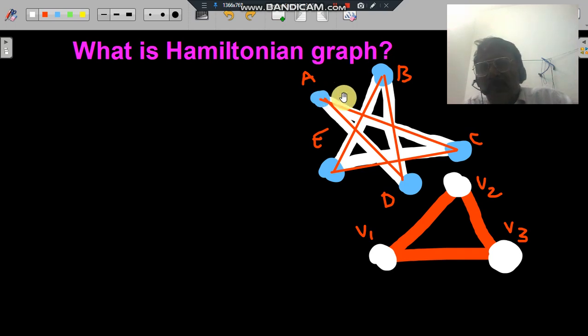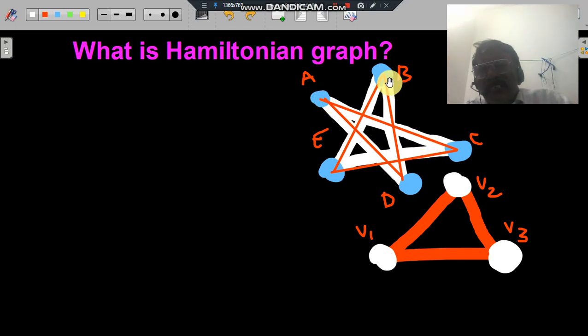This vertex comes only one time, this vertex comes only one time, this vertex appears only one time, this vertex appears only one time, and this also appears only one time.